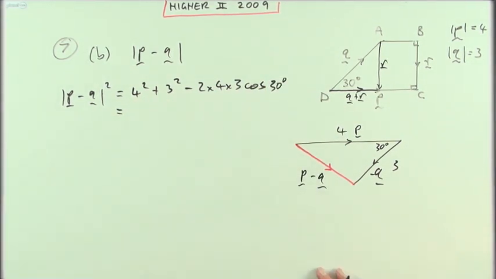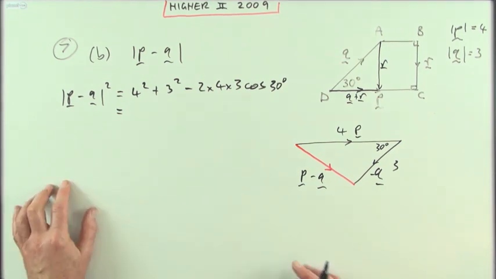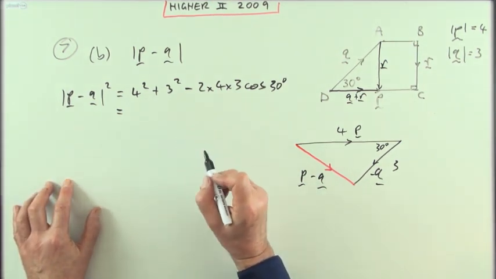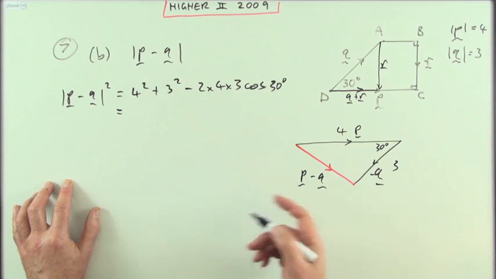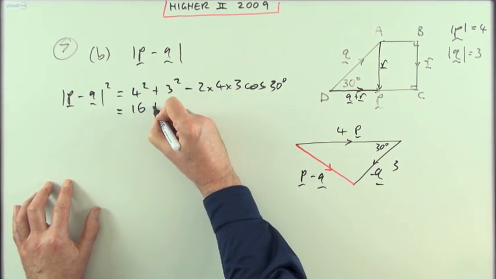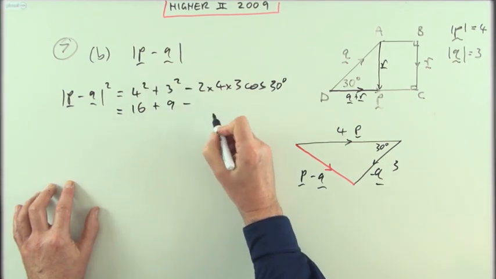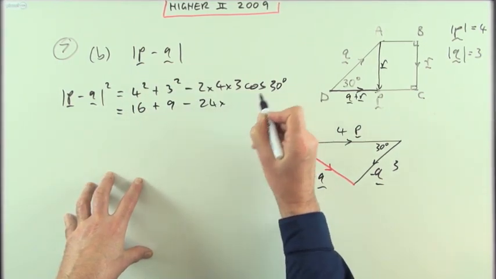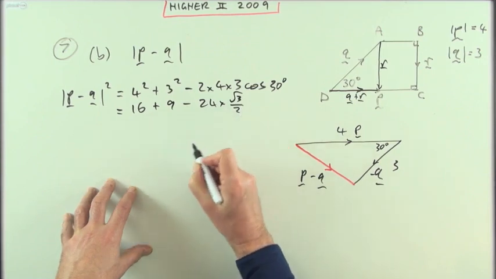Now, rather than feed that into my calculator to get some decimal approximation, you tend to always look for exact solutions and maybe note the decimal afterwards. So I'm actually going to do this by hand, as it were. So 16 minus 9 minus 24 times, and cos 30 is root 3 upon 2.